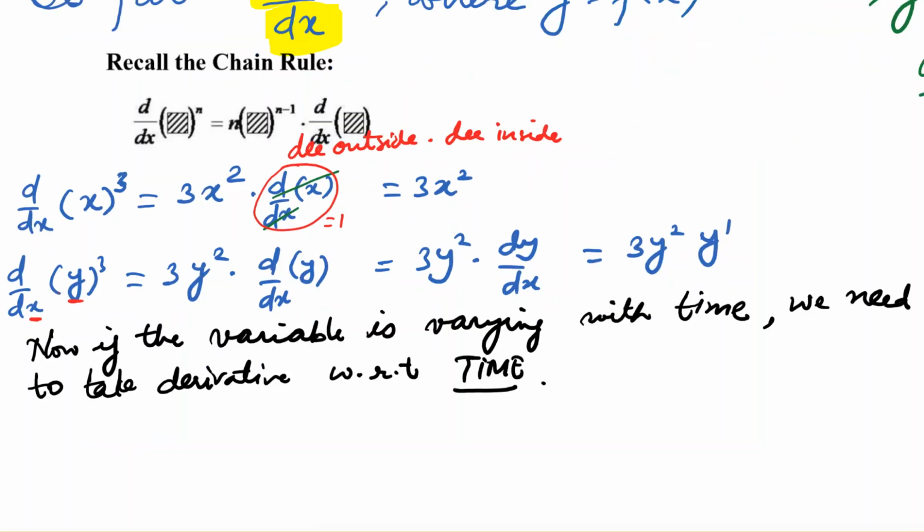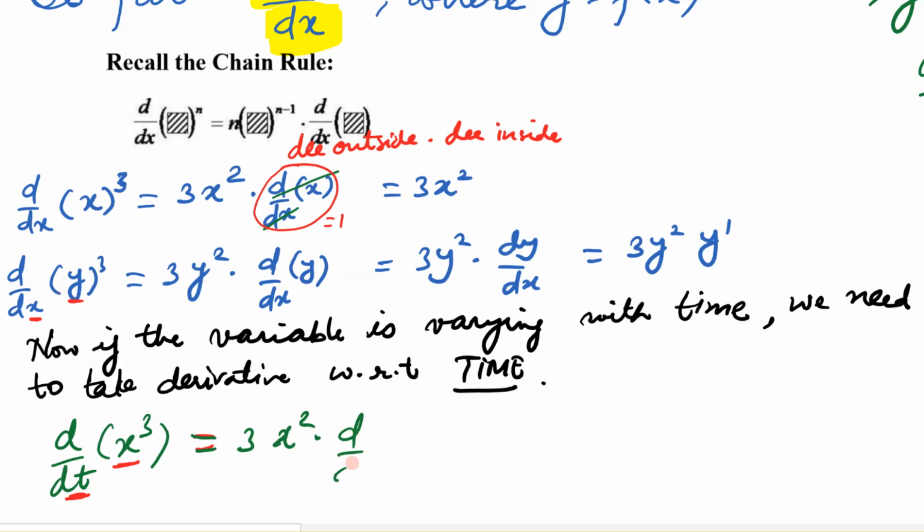But if we have a variable that is changing with time, we need to take the derivative with respect to time, so d over dt instead of with respect to x. If I take the derivative of x cubed with respect to t, you notice that here we have t, here we have x, and we need to apply the chain rule. First we apply the power rule, bring the power down, reduce the power by 1, and by chain rule we need to take the derivative of x with respect to t. So we have 3x squared dx over dt.